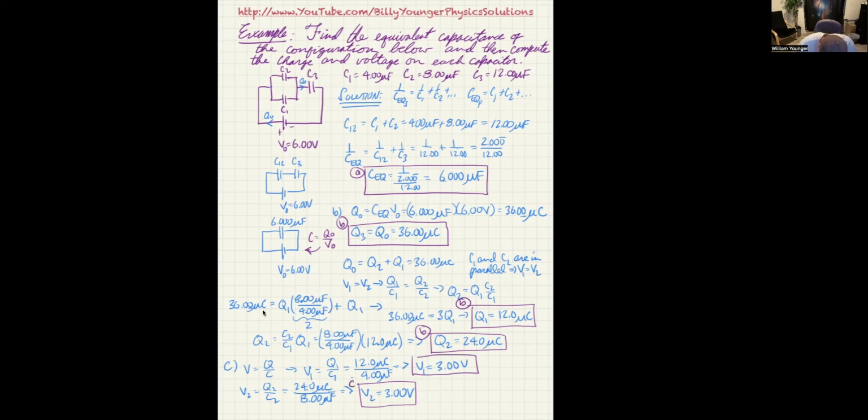So this is part C. And now we're going to say V3. Oops, I'm supposed to be writing in blue. We're going to say V3 is equal to Q3 over C3.